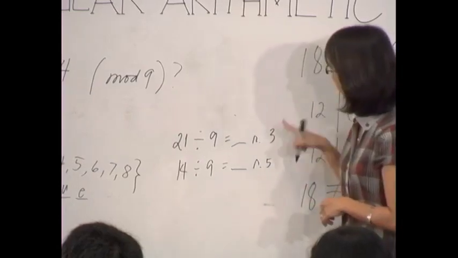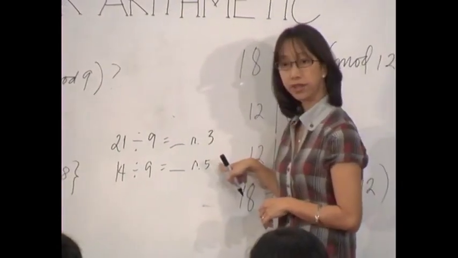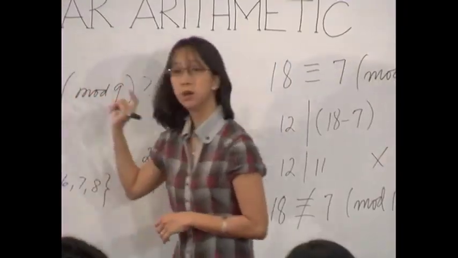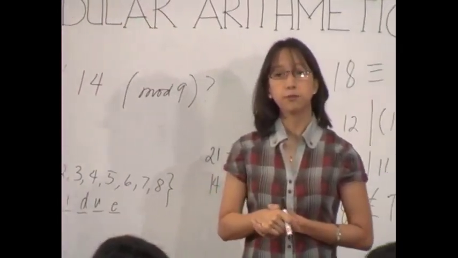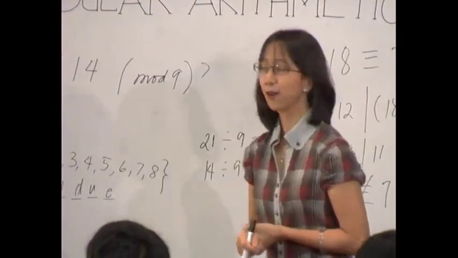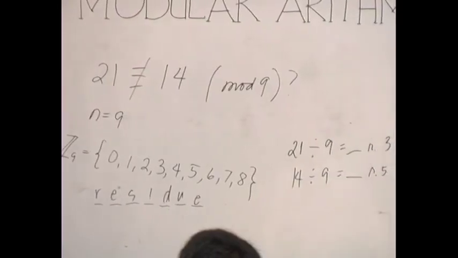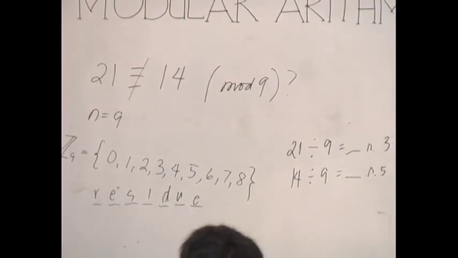Is 3 equal to 5? No. So that means these two are not congruent modulo 9. I'm sorry, but the numbers of Maritel and JR are not congruent. Oh, okay. How about, let's see, Abigail, what's your favorite two-digit number?